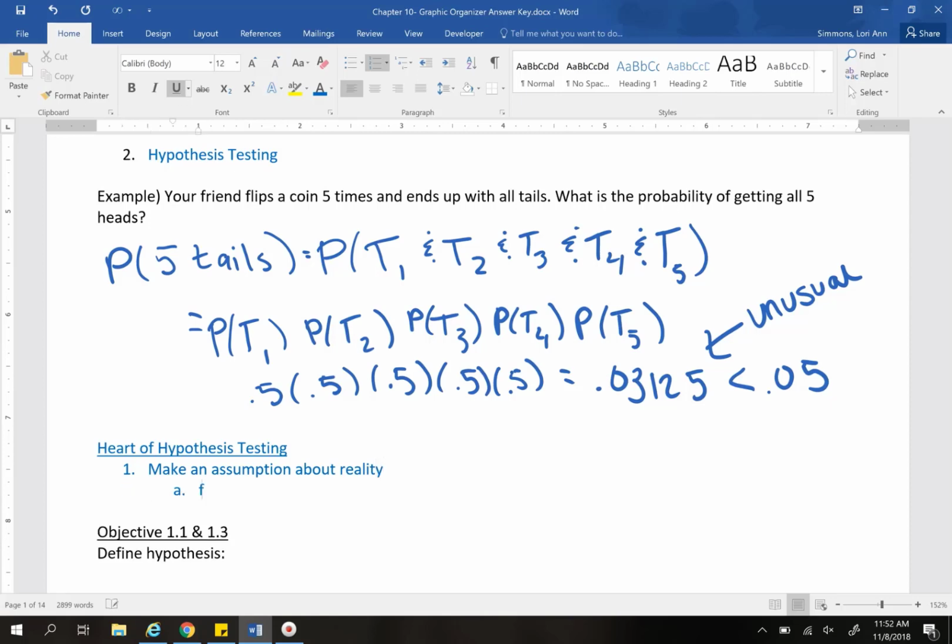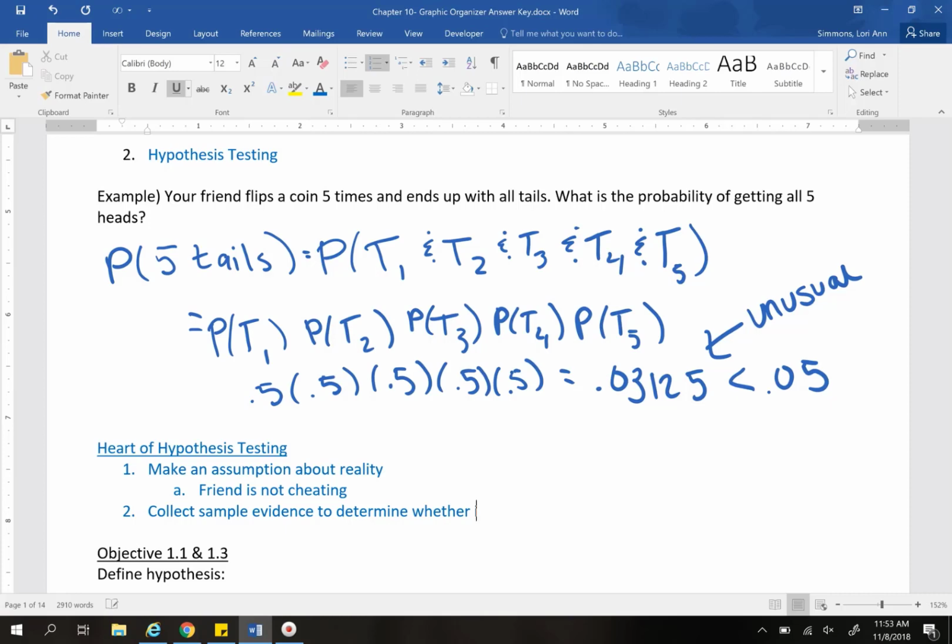So for example, in our example above, our friend is not cheating. Then collect sample evidence to determine whether it contradicts the assumption.